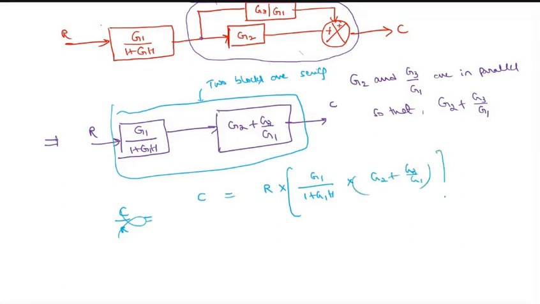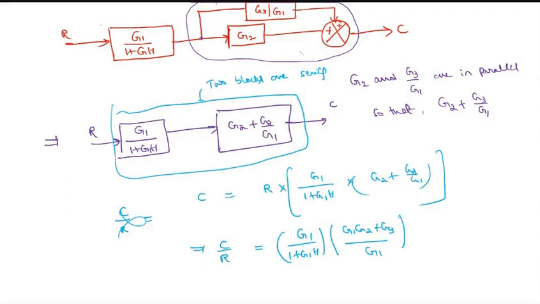So already we know that the output of a block can be defined as the product of input and block gains. So therefore I'm going to multiply. Finally we'll get C by R equals G1 by 1 plus G1H into, if you take the LCM here, G1 G2 plus G3 by G1.